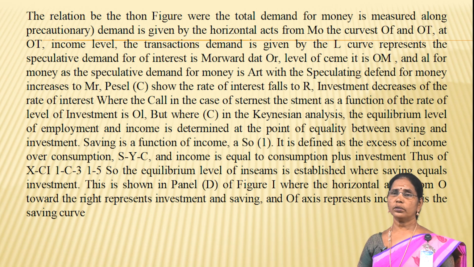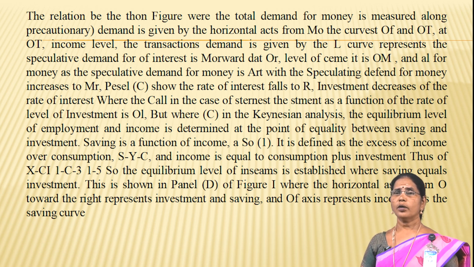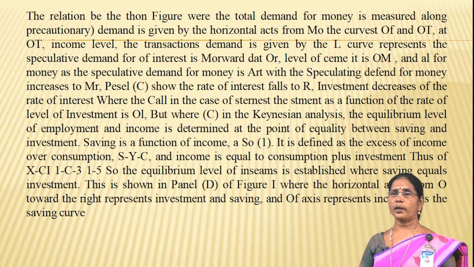The relation is shown in the figure, where the total demand for money is measured along the horizontal axis. The precautionary demand is given from the curve OF and OT.